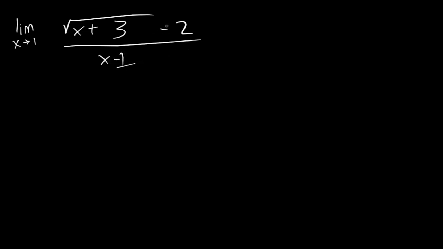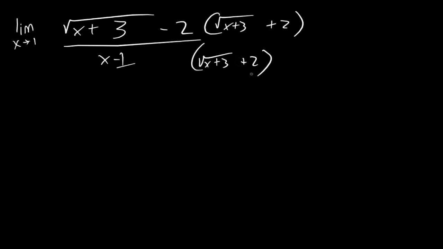Okay, so now we take the conjugate, which is the square root of x plus 3 plus 2. Multiply the bottom by the same thing, the square root of x plus 3 and then plus 2.